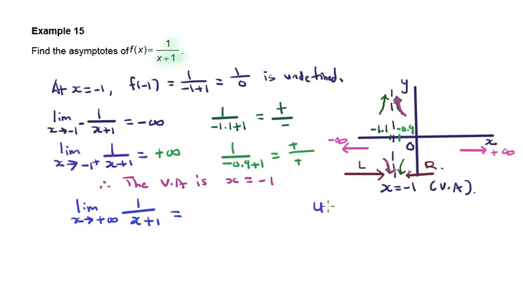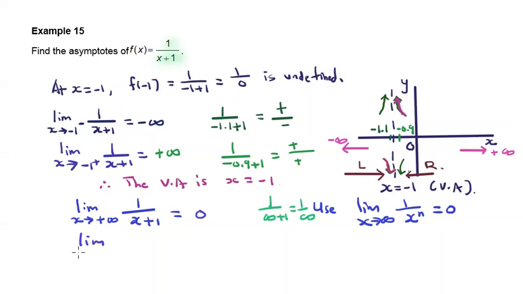We use the property of limits that as x approaches positive infinity, a number divided by x to the power n is equal to 0. As we substitute infinity into x, we have 1 divided by infinity plus 1, which is equal to 1 divided by infinity. So its limit is equal to 0.